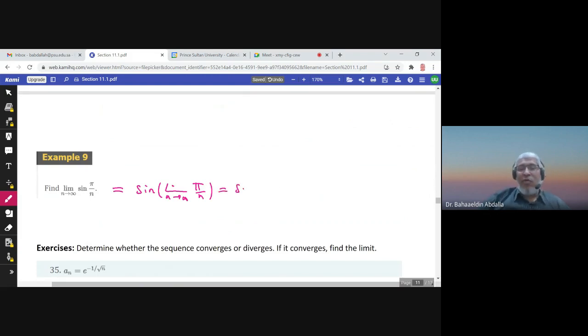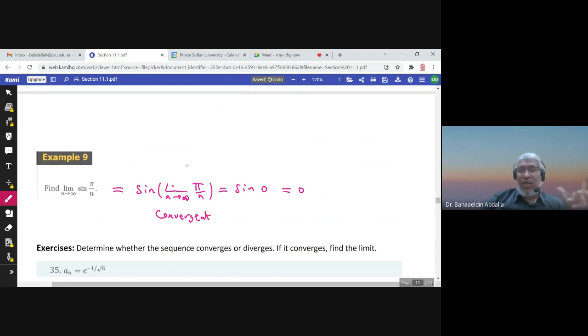And now what is the limit of pi over n when n goes to infinity? Pi is a number over infinity, 0. So I will have sine 0. But what is sine 0? 0. So the limit of this sequence would be 0, and this sequence converges to 0.